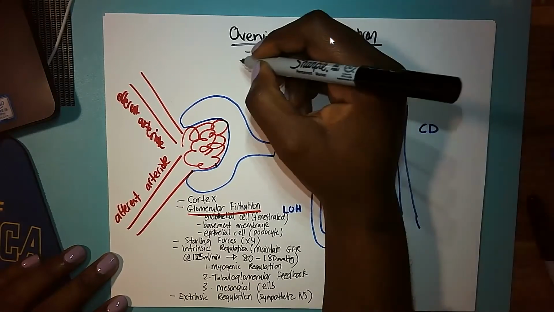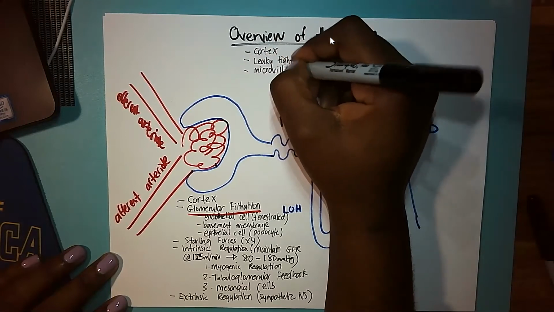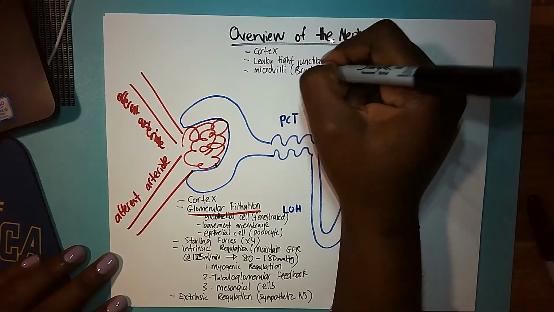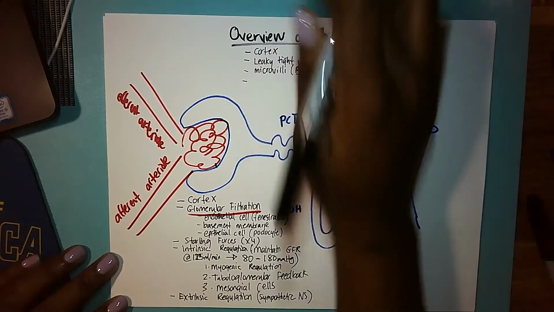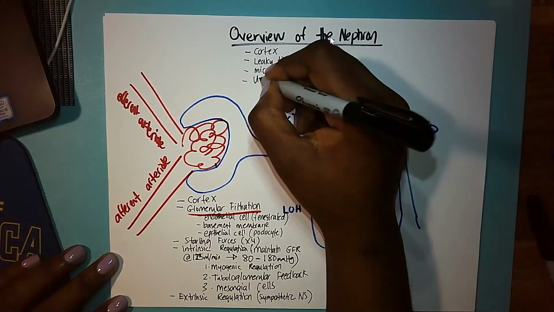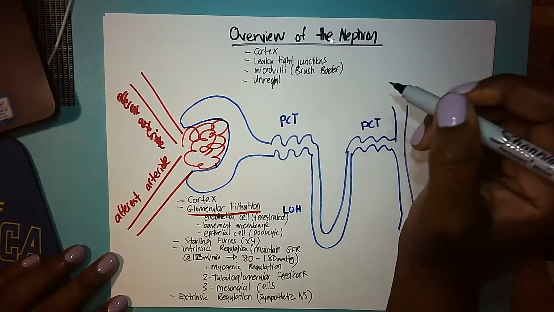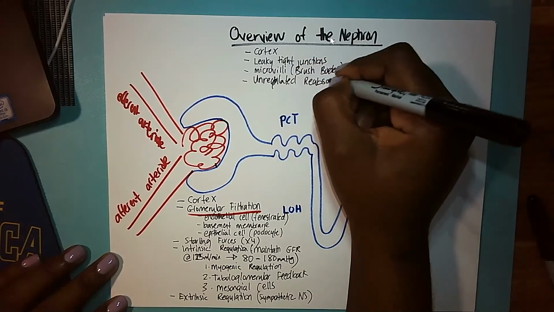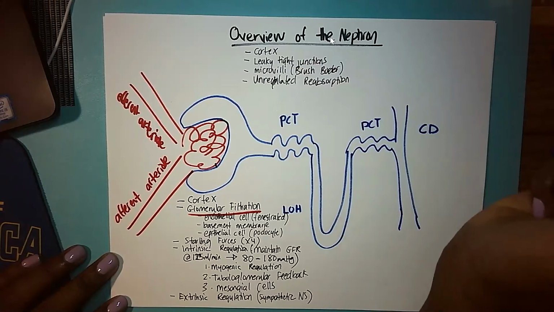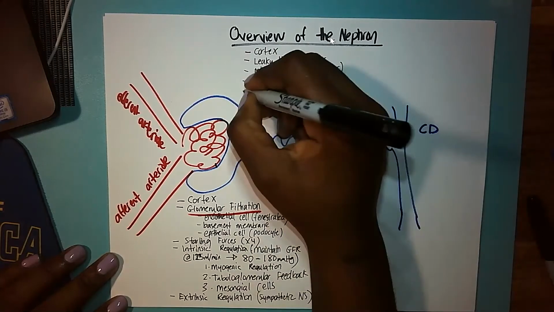We see microvilli, which form that brush border. Here we see unregulated reabsorption. This is really important. So unregulated reabsorption. Okay. And we see that solute reabsorption facilitates water reabsorption.